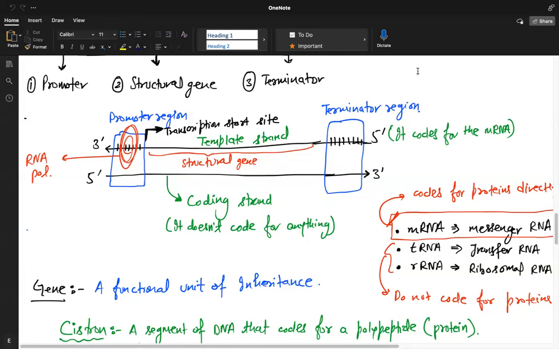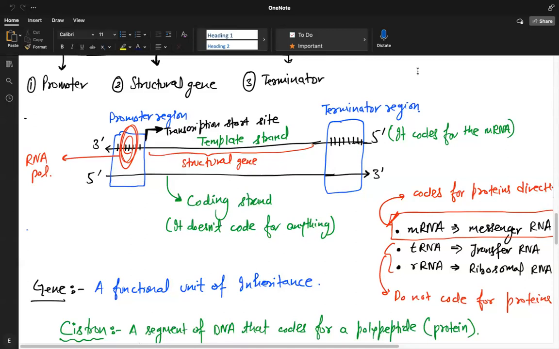There are snRNAs, small nuclear RNAs. These RNAs stay in the nucleus and function there. They can bind to different segments of DNA, etc. Long non-coding RNAs are also there. But let's focus on these three.